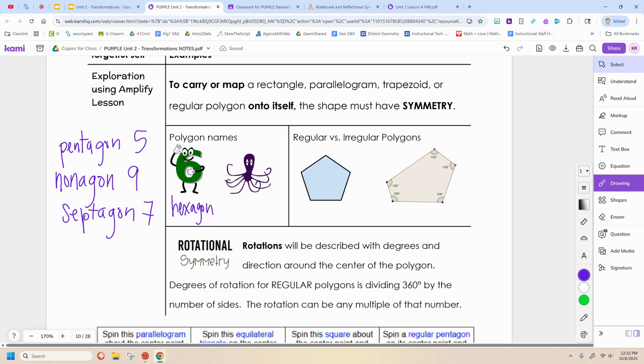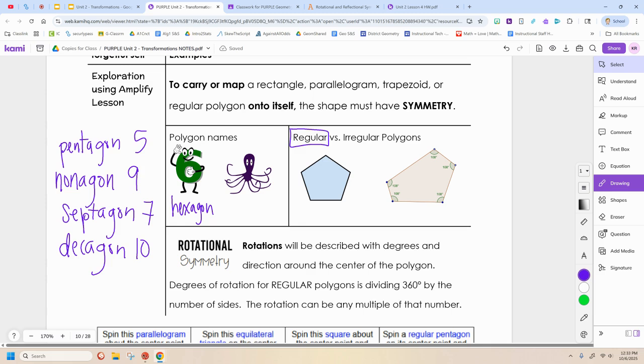So decade is 10. And if you go back, November, October, September. So decagon is 10. And what's for 6? Hexagon. And then octopus is for octagon. These 8 arms.